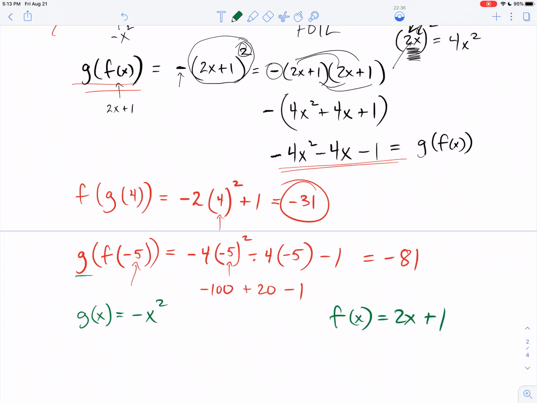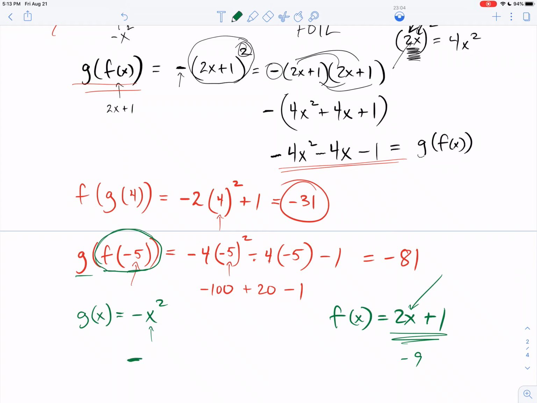If I want to know what g of f of negative 5 is, I could also do it this way. I could do it by plugging negative 5 into f. If I did, I'd get negative 9 out of the function. This whole chunk would equal negative 9. I believe I am correct. Then I could take negative 9 and plug that answer into g. Now, don't get messed up here.